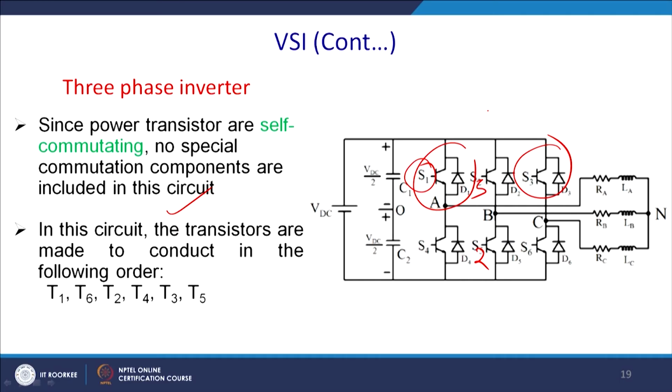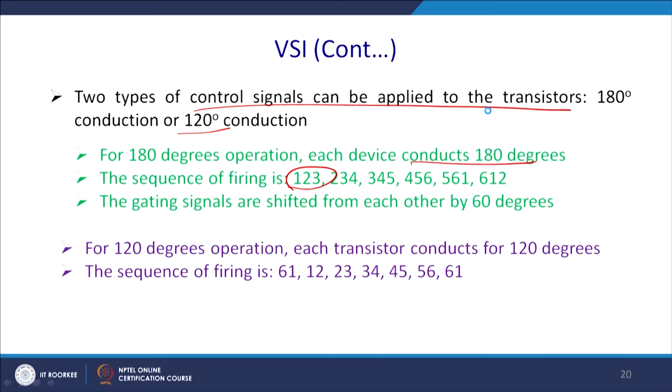Thereafter the next sequence will come, that is 2, 3, 4. Thereafter 3, 4, 5, then 4, 5, 6, then 5, 6, 1 and 6, 1, 2. This sequence will gradually follow. First, 2 switches from the upper legs, 1 and 3, and 1 in the lower leg will conduct.